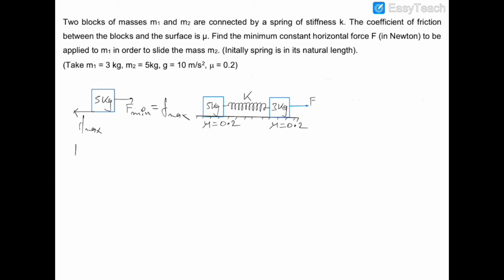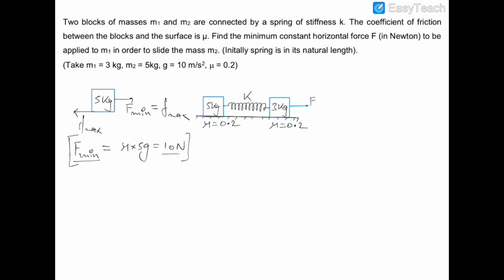So this F minimum, the minimum spring force required, will be mu into 5g, and it will be 10 newtons. Mu is 0.2, g is 10 and this is 5. Now this spring should have a force of 10 newtons, so that this 5 kg block starts to slide.